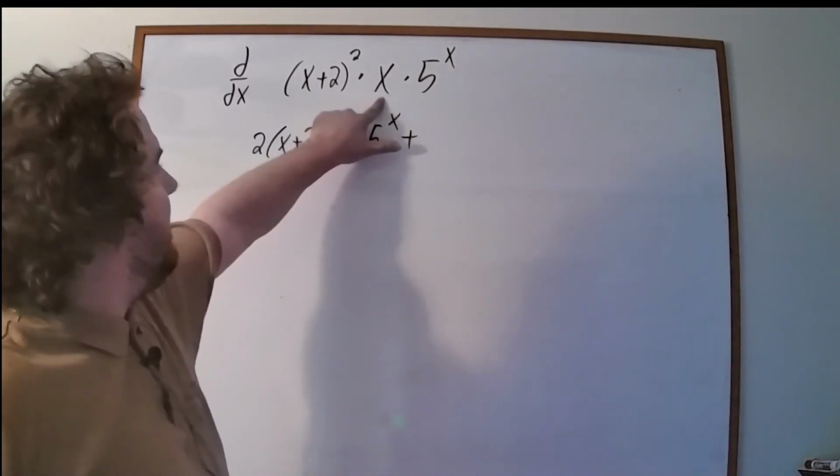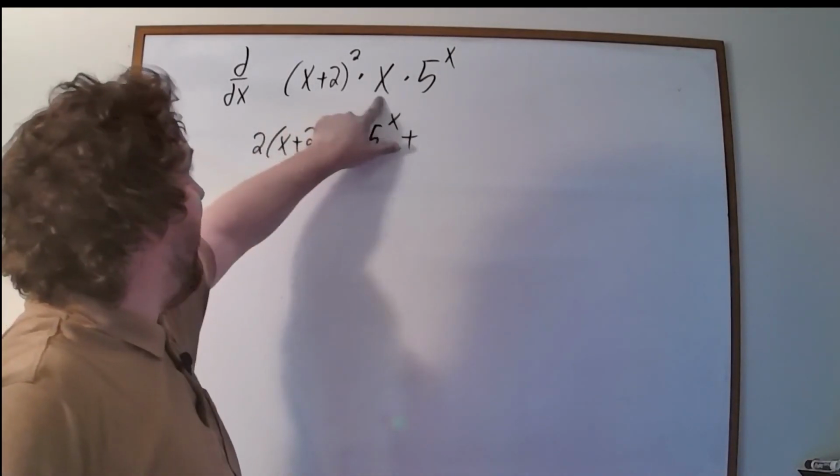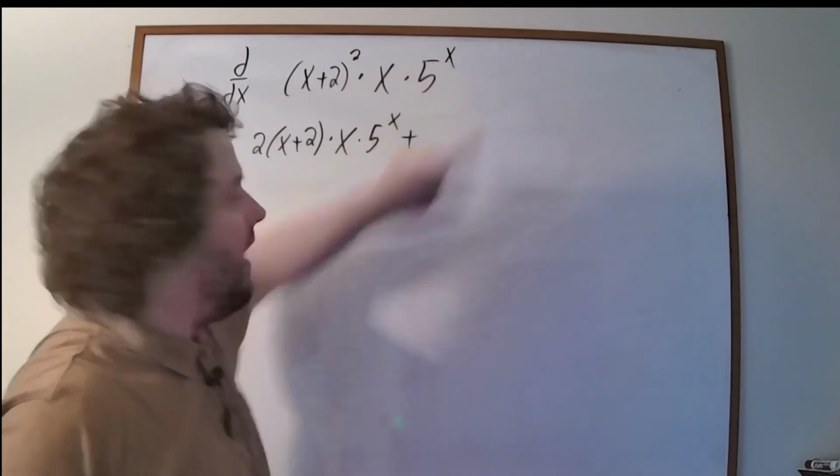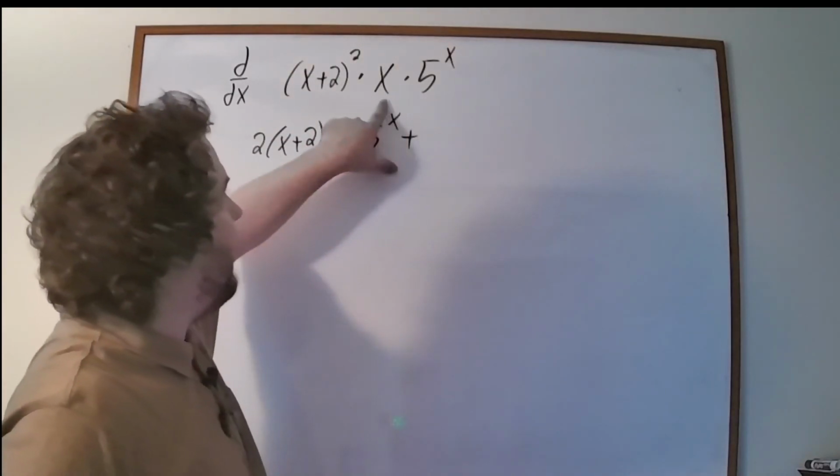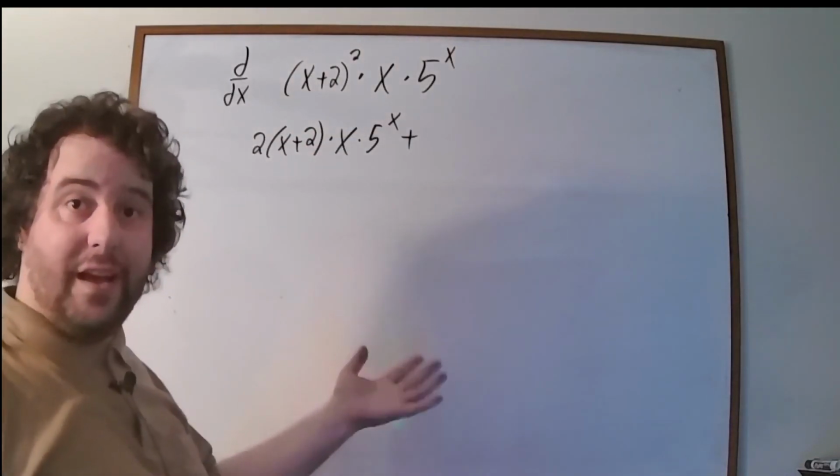If we treat this x as a variable and these x's as constants, then it's just going to be some constant times x. So it's just going to be that constant.